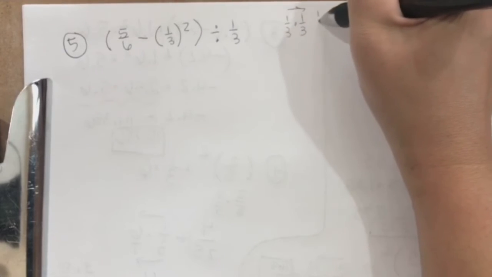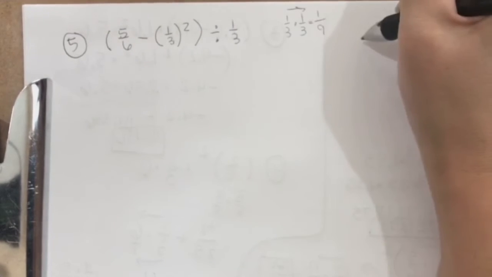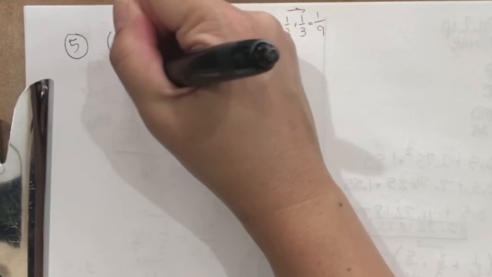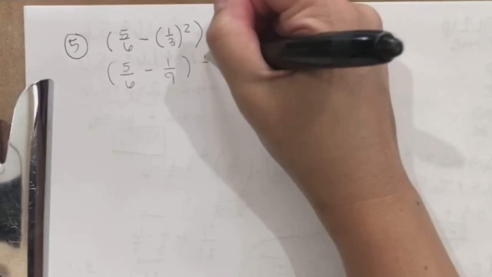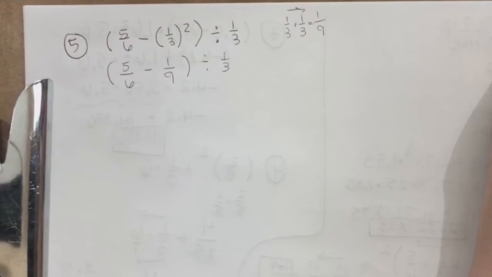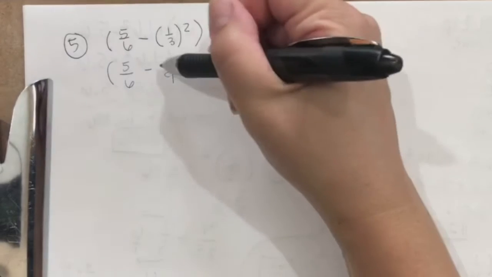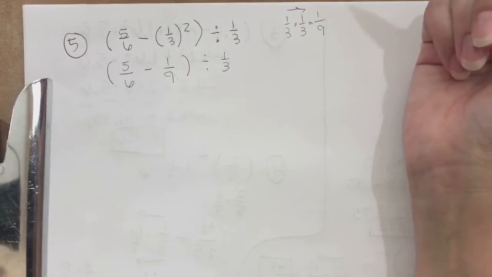And we get 1/9. So 5/6 minus 1/9. All of that is still in parentheses. All of that is still going to be divided by 1/3 at the end. So we need a common denominator here to subtract.